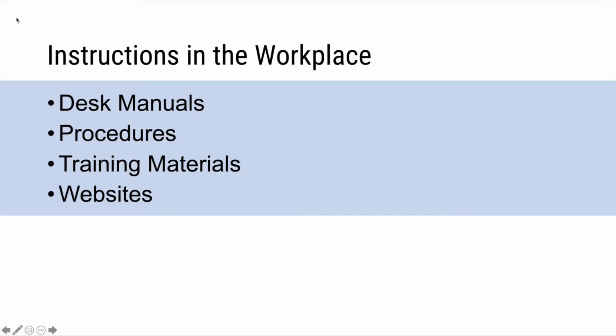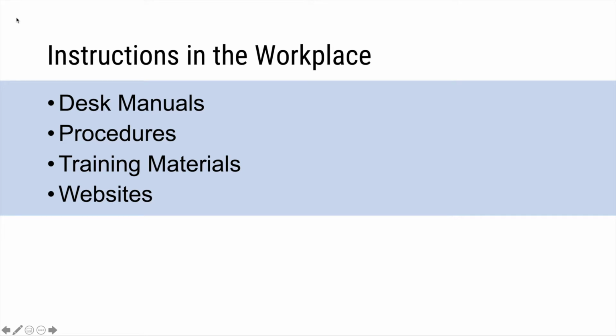Okay, so why do we have instructions in the workplace? So first of all, there's desk manuals, and that's kind of the primary reason that I get calls about writing instructions. And desk manuals are basically instructions for the daily activities that you might engage in your job that somebody else might need to take over should you be absent.